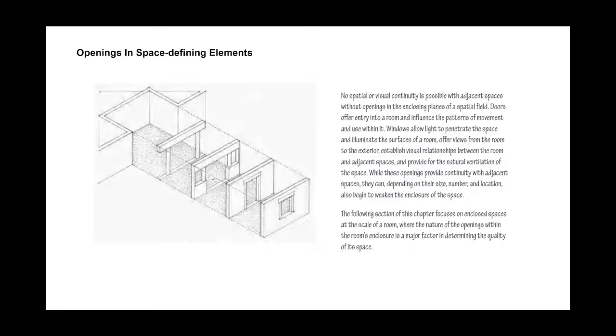Whenever you're considering interior design, you have to consider the adjacency of spaces, how one space relates to the other, and how you can create a continuous visual communication between those spaces.